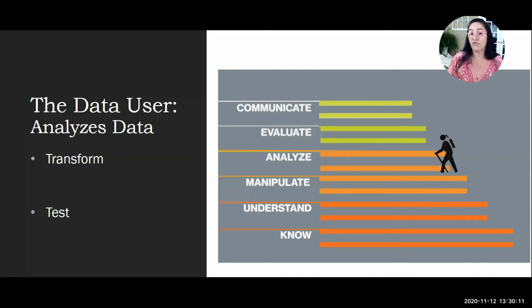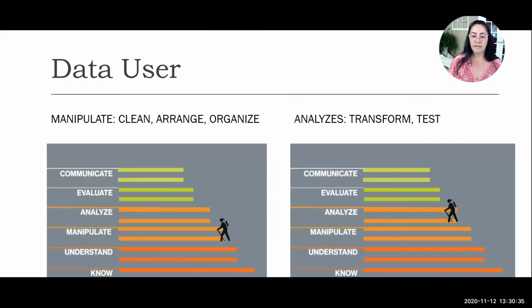That's an example of a transformation that a data user can do. They can also test their thinking, right? A data user can use the tools and functions and features available in a spreadsheet tool, by filtering and pivot tables, to test their thinking. In summary, these are the competencies of a data user. They can manipulate and they can analyze, and that is the continuum that is the data user.